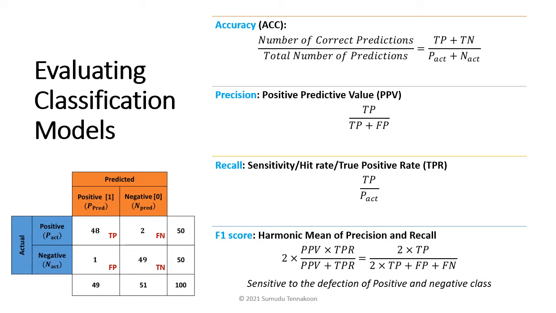So how can we get that number? True positive divided by the total number of positives from your model, which is true positive plus false positive. So true positives divided by total predicted positives is your precision.